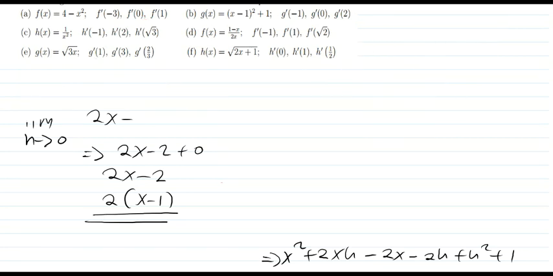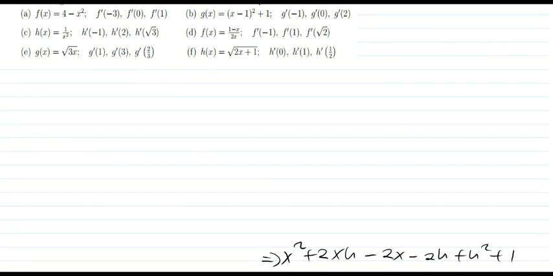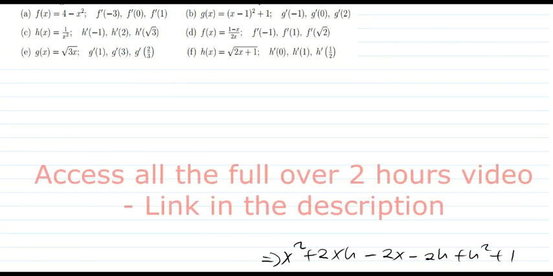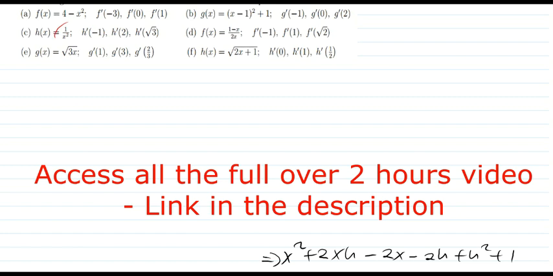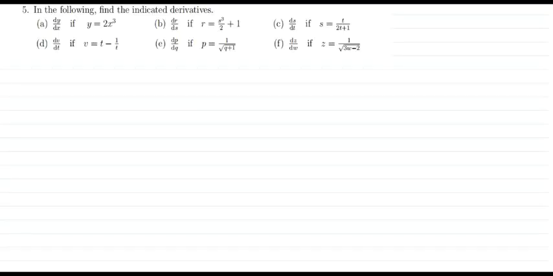Now for part, let's see, for this one, part C, so we are now on question 5. So question 5 is saying, in the following, find the indicated derivative.